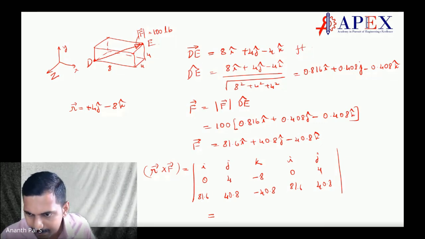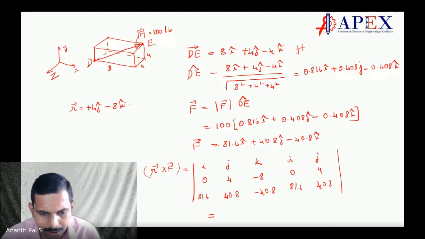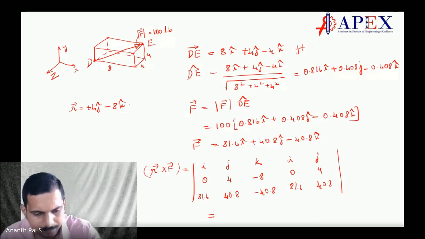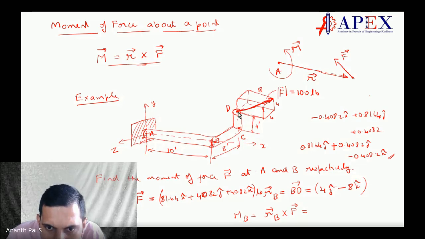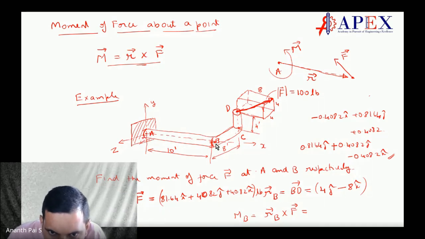Done, students? Sir, can you explain that r vector once? See, when you go for the r vector, you have to go from B to D. From B to D you have to go along the Z direction, negative. This is positive in this direction, and I have to go in the negative direction by 8 feet.